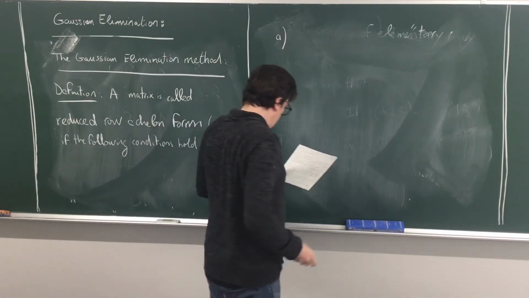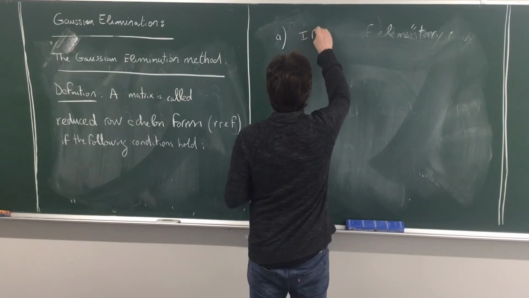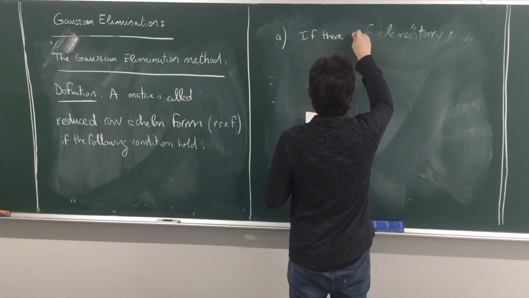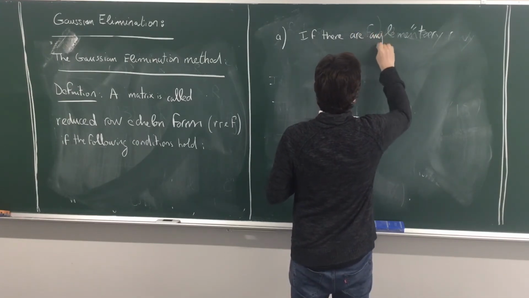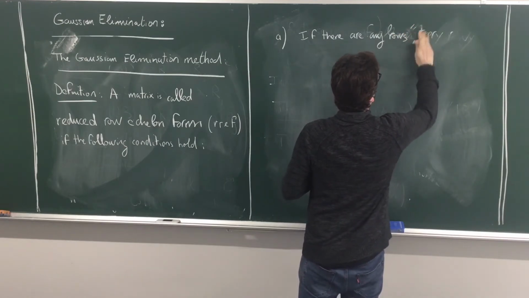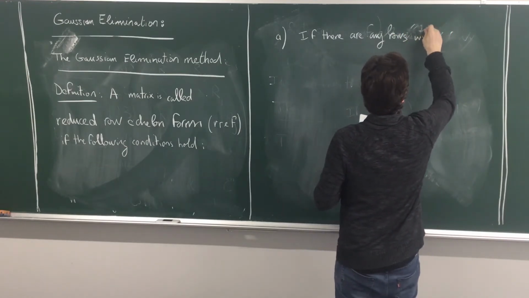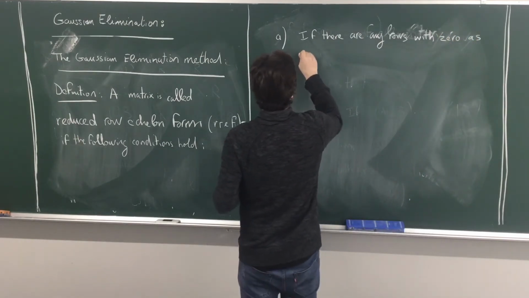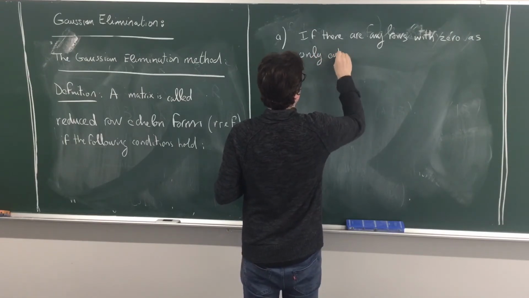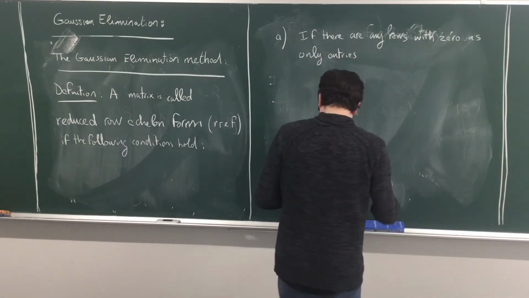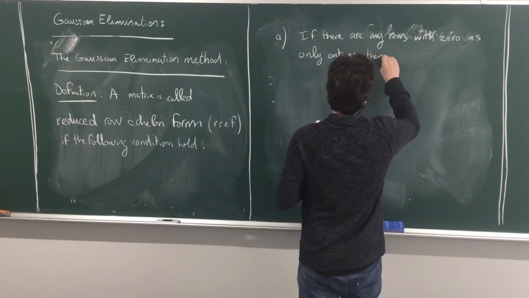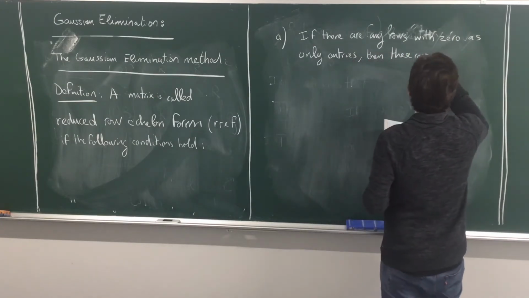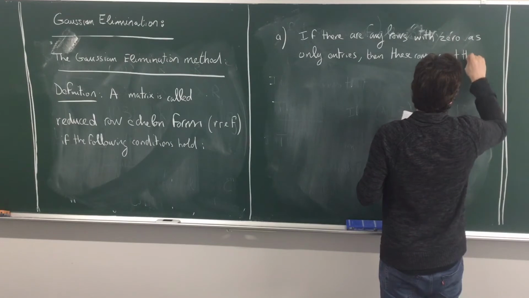The first condition is that if there are any rows with 0 as only entries, then these rows are at the bottom.